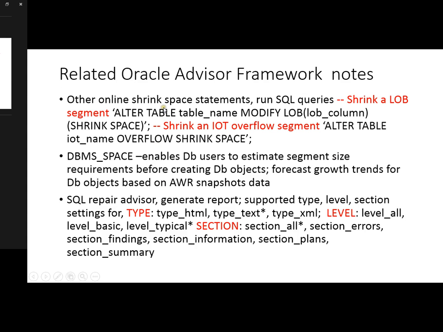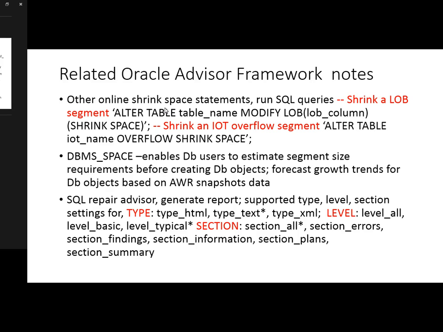So in terms of reclaiming space, these are just related Oracle framework notes that I set aside to go over. You have additional online space statements, and this is related to the segment advisor portion of the tutorial.